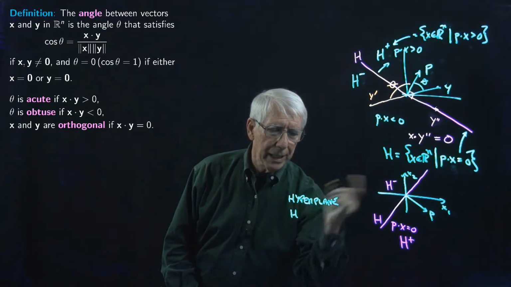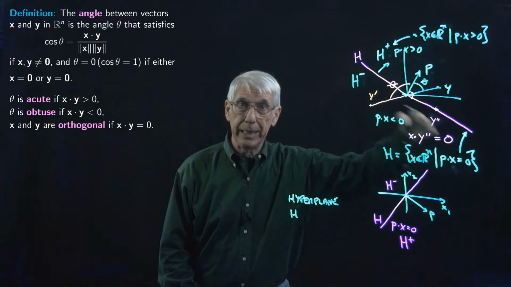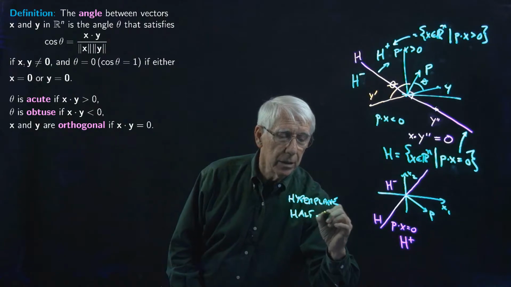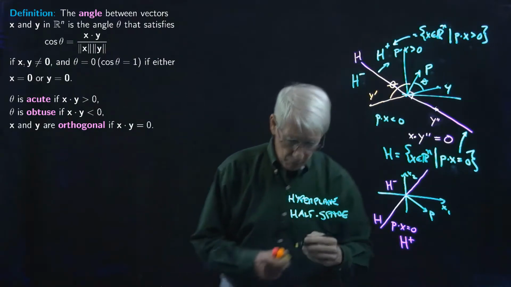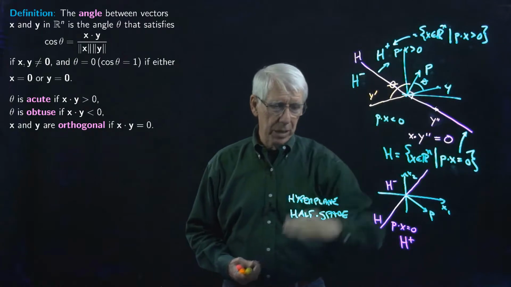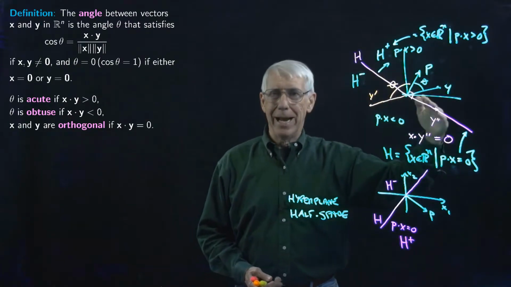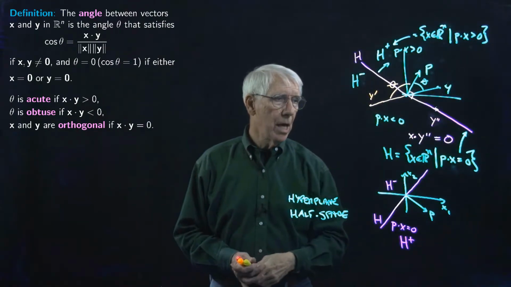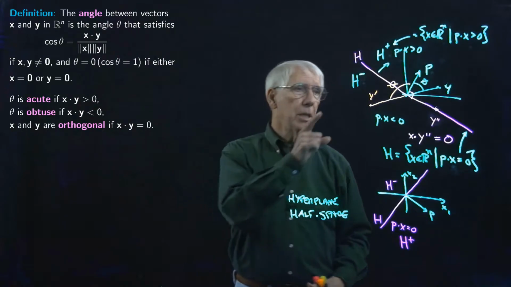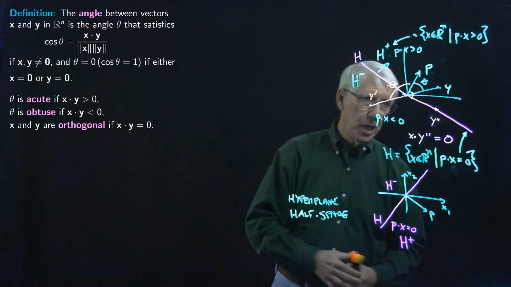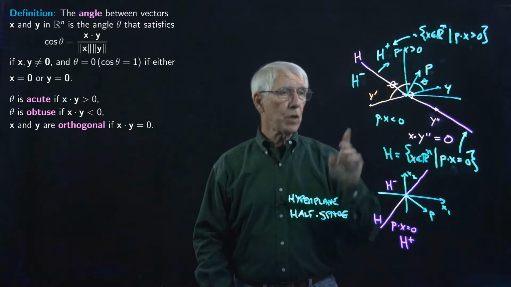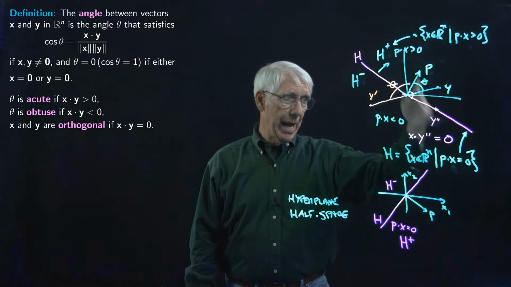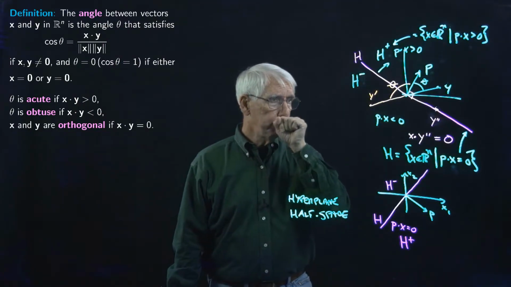We call the pink line a hyperplane, or the pink plane in Rn, and we call the sets on each side of the plane half spaces, and you can see why half spaces. It's half of the space, half of Rn, in a sense. And so that shows us the relation between dot product, angles, acute angles, obtuse angles, and right angles, or orthogonality.